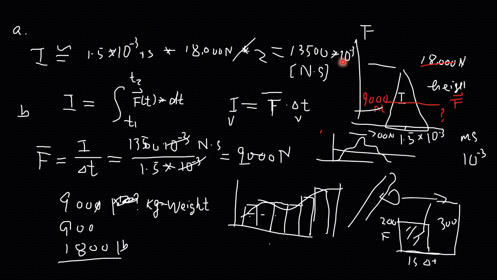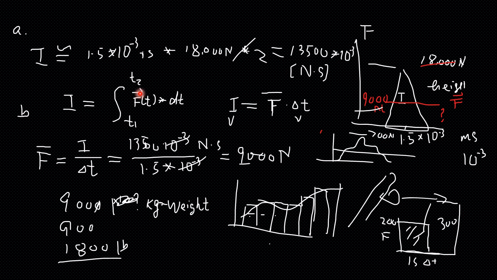So basically force multiplied by time. But the force is varying, or changing. Therefore, you need to find the area under this. In general, it's supposed to be an integration.